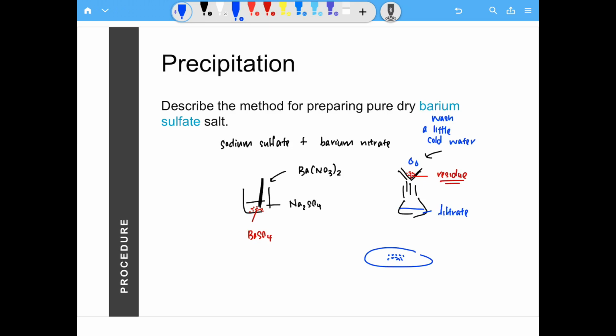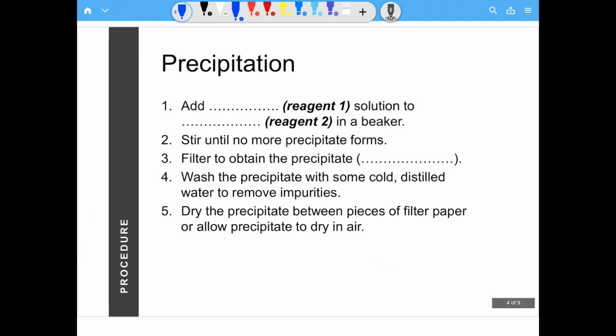The procedure that I've just described is summarized in this series of steps. There are certain steps that carry more meaning than others. For example, stir until no more precipitate forms. Why is this step necessary? It is to ensure that the reaction goes to completion, or rather, that the reactants are completely reacted.